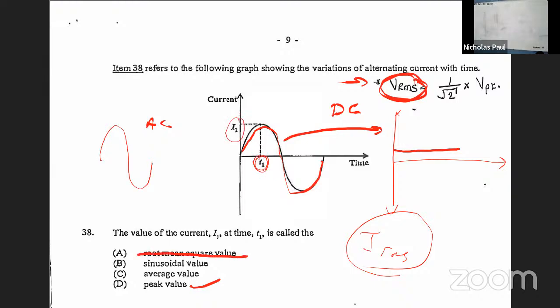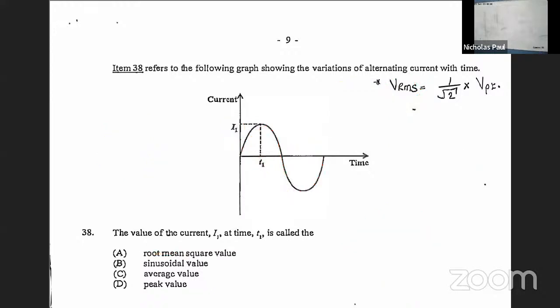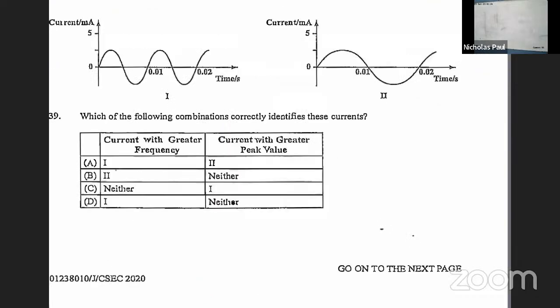You should know that, but you'll understand what RMS means: the average value. You take the alternating and it converts it to an average. That average is the RMS. But the answer for this question is simply when the time is T1, current is I1, which is your peak value. Right? Next one.